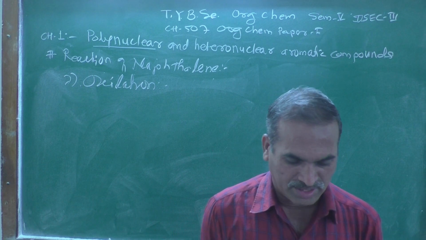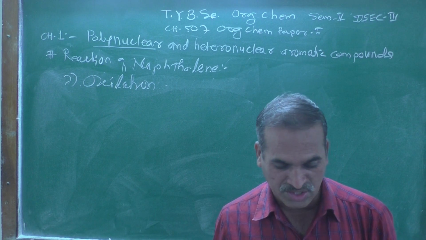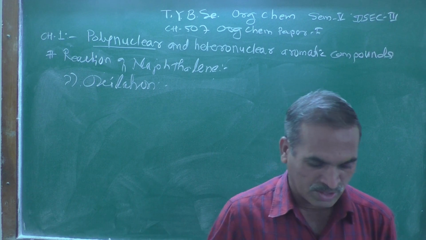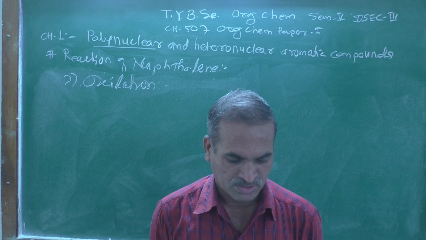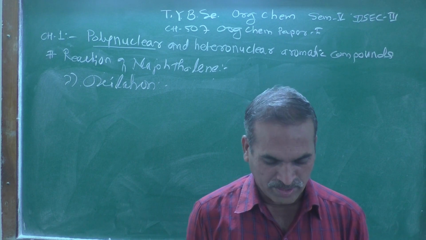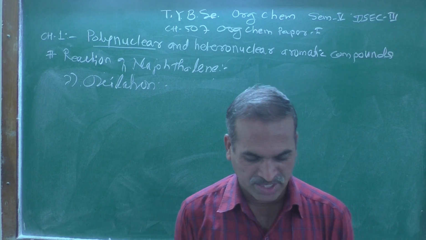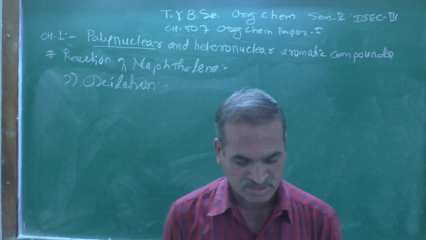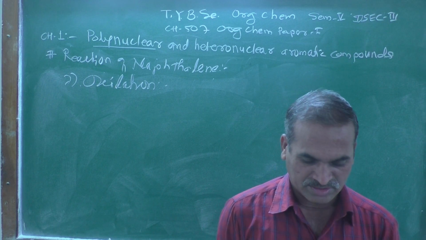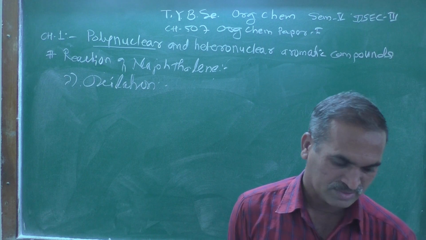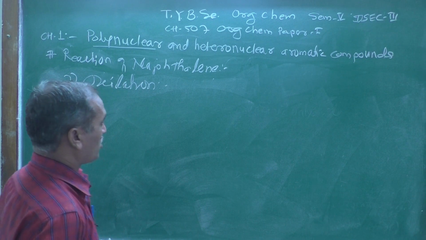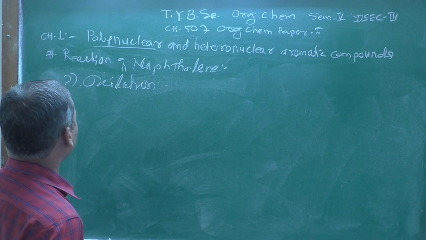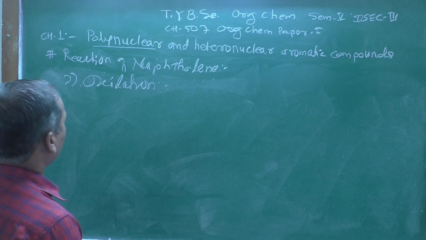Oxidation of naphthalene containing side chains leads to the formation of quinones with chromium trioxide in the presence of acetic acid at room temperature. As I told you, oxidation means removal of hydrogen atoms.